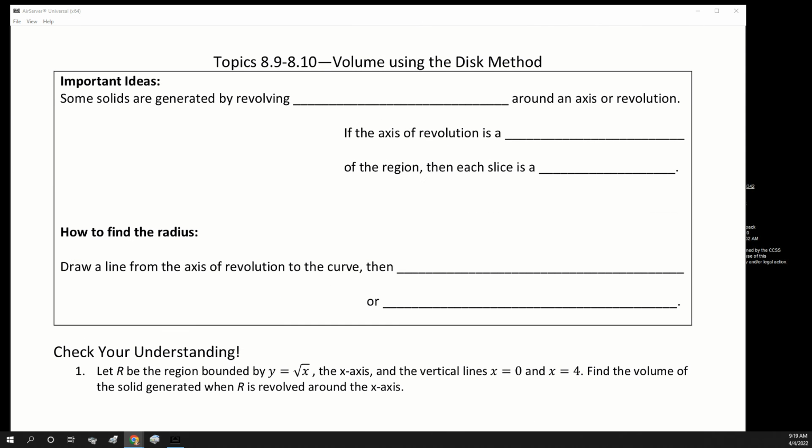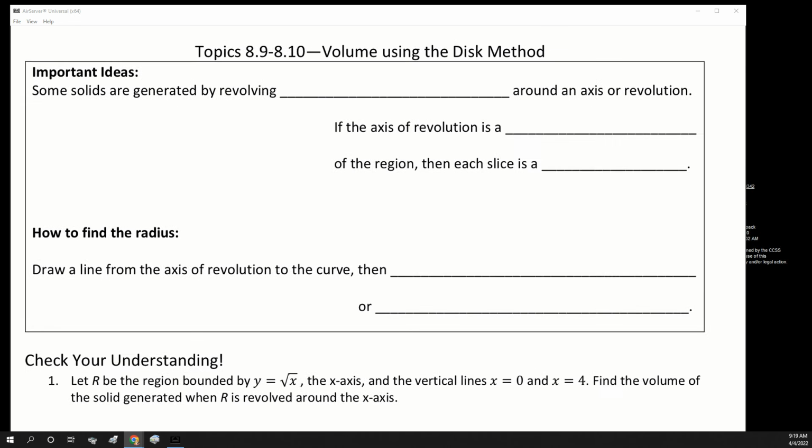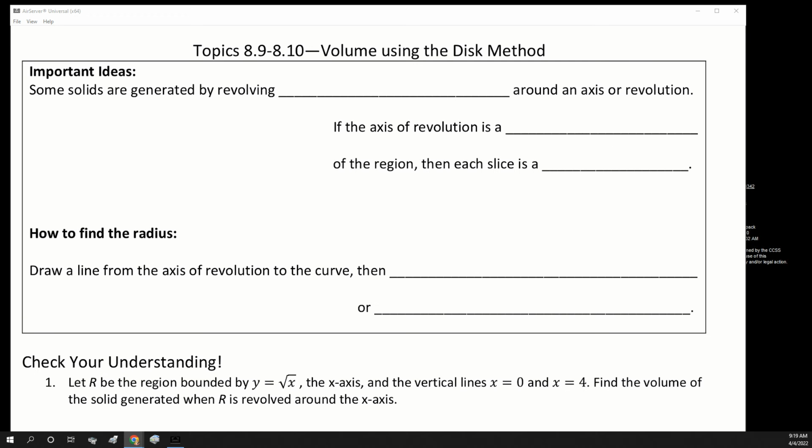All right. So we're going to use the disk method to find the volume of a rotated solid. Some solids are generated by revolving two-dimensional regions, so 2D regions, around an axis of revolution.